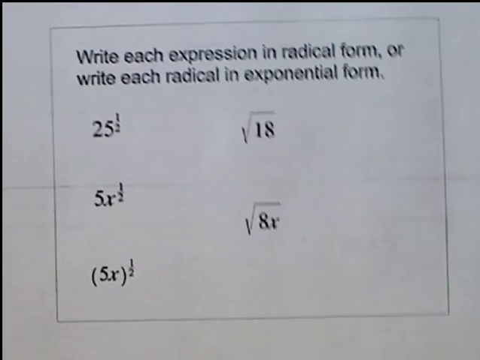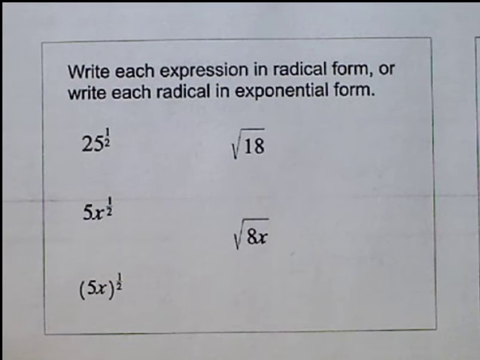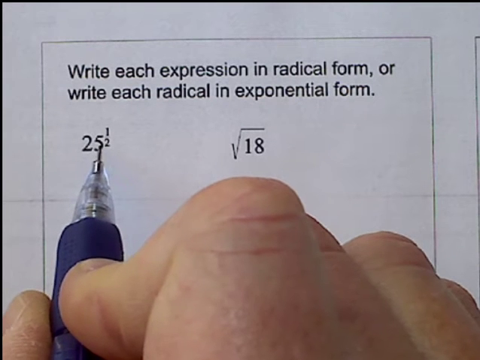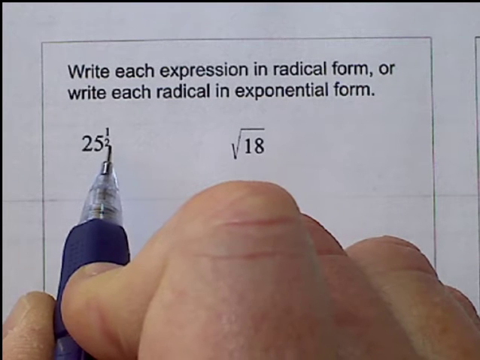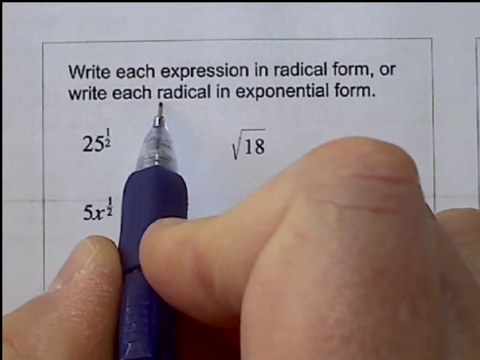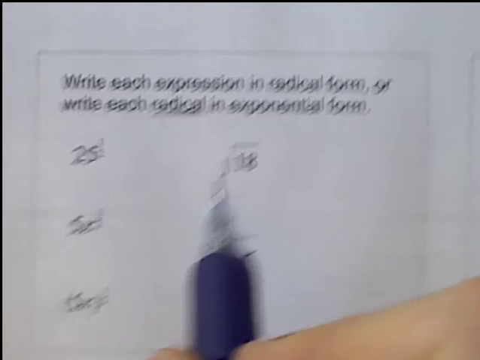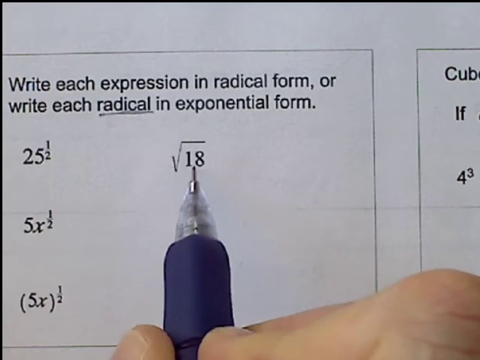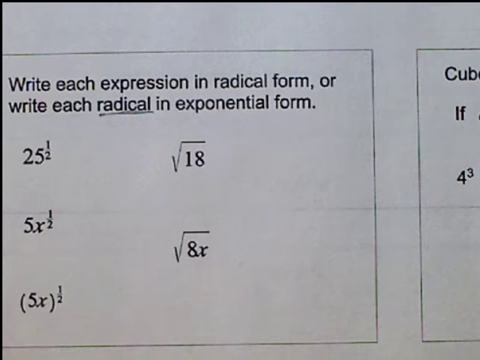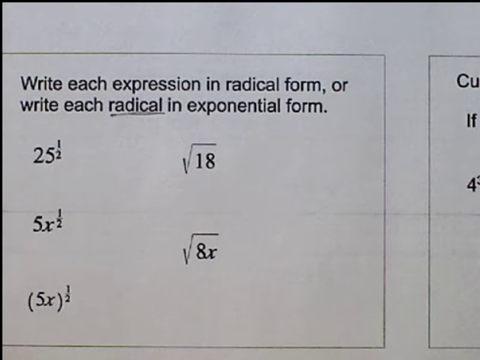So as we move through these examples, write each expression in radical form or write each radical in exponential form. So if we have, this is a number that's in exponential form, and by the way, this word radical, a radical is this. Anytime you have that square root symbol, or as we move on and we use different numbers instead of just a square root, those are called a radical.